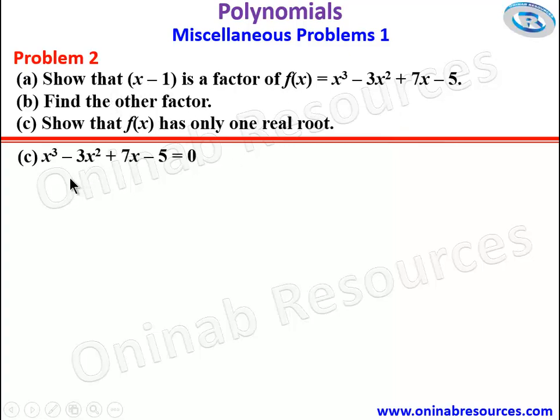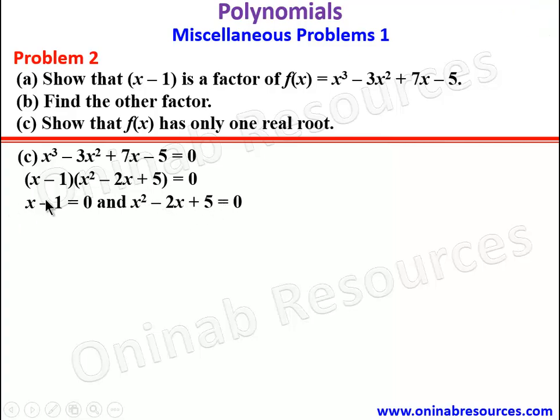Since this is a factor, we have x minus 1. The other factor is x squared minus 2x plus 5 is equal to 0. So x minus 1 is equal to 0 and x squared minus 2x plus 5 is equal to 0. So we see that x is equal to 1 is the real root.